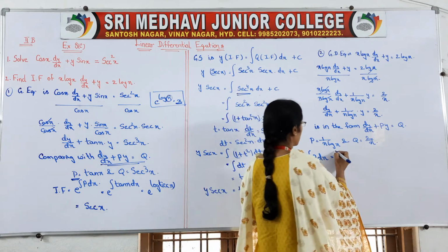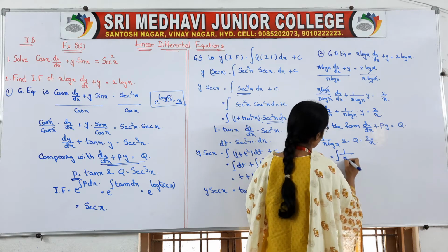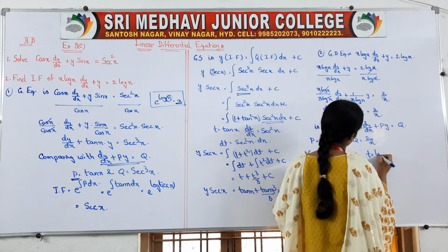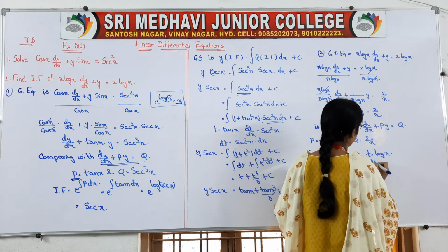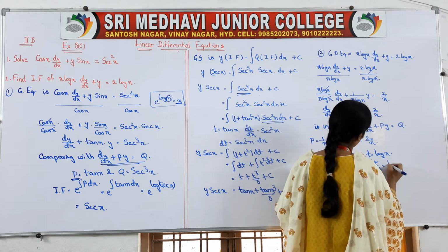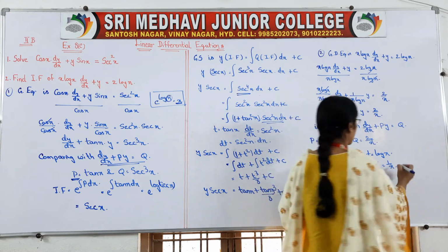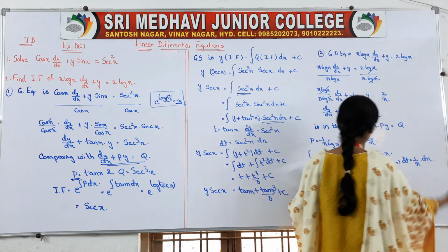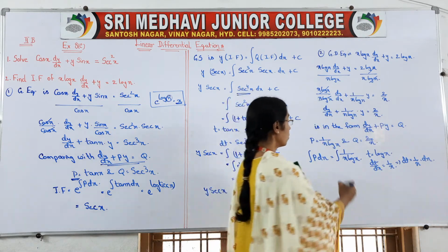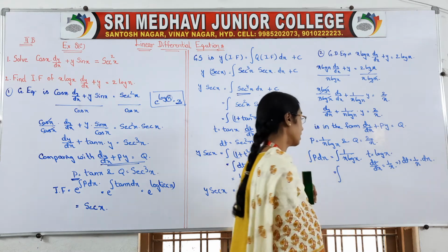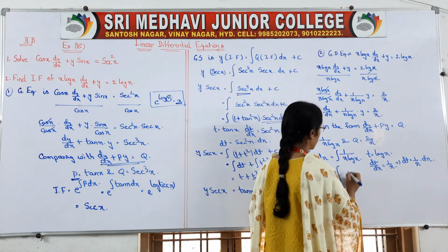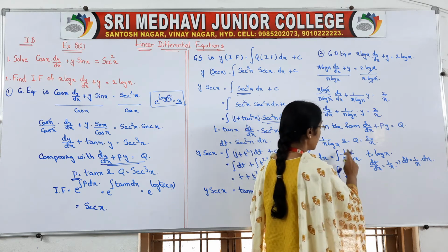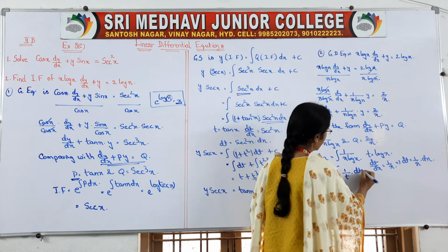Okay, so it is equal to integral 1 by x log x dx. Take t is equal to log x, dt by dx is equal to 1 by x, and dt is equal to 1 by x into dx. So we can write this as integral 1 by log x, which is t, into 1 by x dx, which is dt.